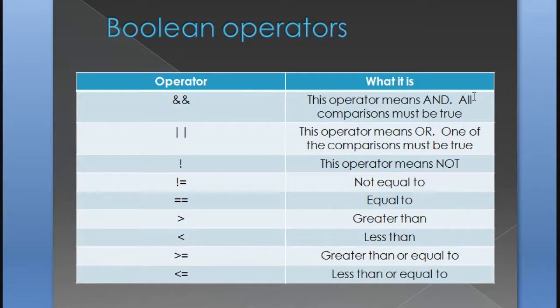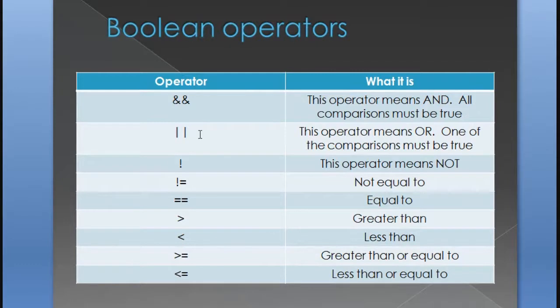I'll use the if statement as an example because that's easy to relate to English. So if I go to the mall and I have money, I will buy something. If I don't go to the mall and I have money in my pocket, I'm not going to buy anything. But if I do go to the mall and I don't have money, I'm not going to buy anything. So both of them have to be true in order for me to buy something.